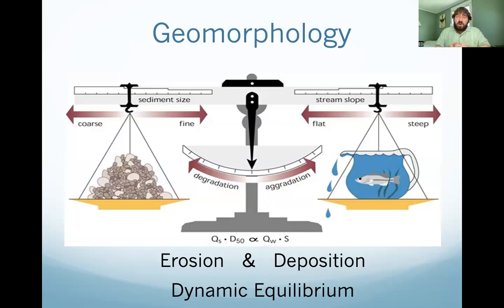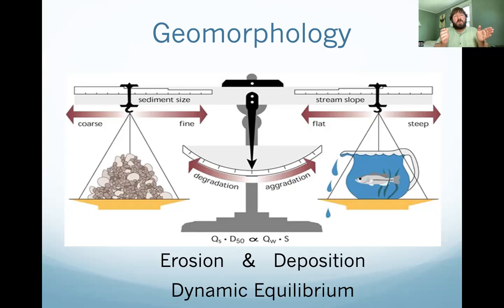So rivers are always adjusting to what happens on the landscape around it. And it's going to try to keep its sediment regime in balance with its water, its hydrologic regime. And it's going to keep that in balance by the process of erosion and deposition.